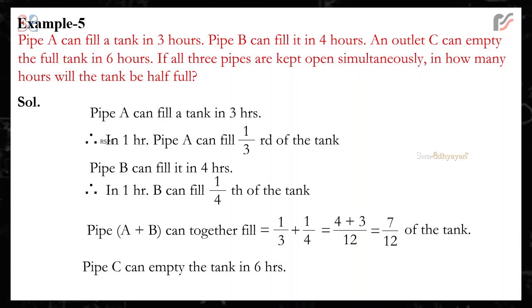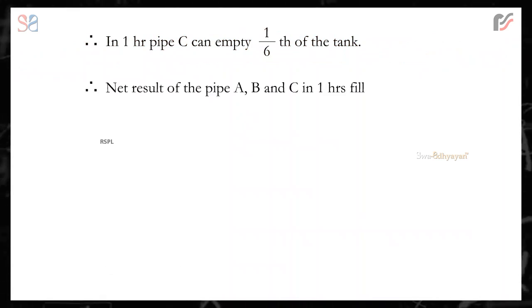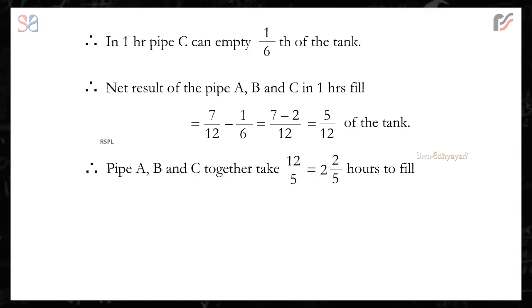Now pipe C can empty the tank in 6 hours. Therefore, in 1 hour, pipe C can empty 1/6 of the tank. Therefore, the net result of pipes A, B and C in 1 hour fill is equal to 7/12 minus 1/6, which is equal to (7 minus 2)/12 is equal to 5/12 of the tank.